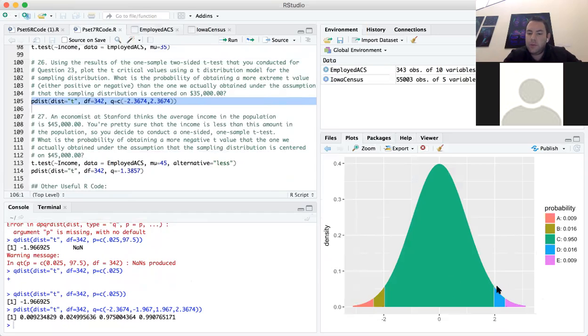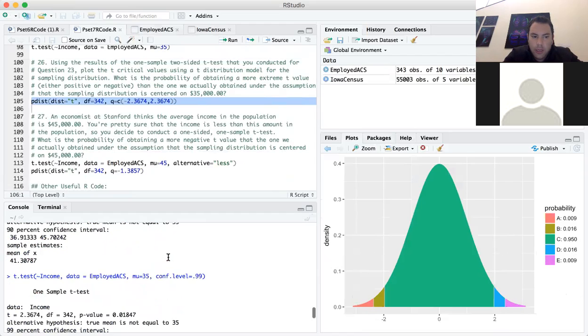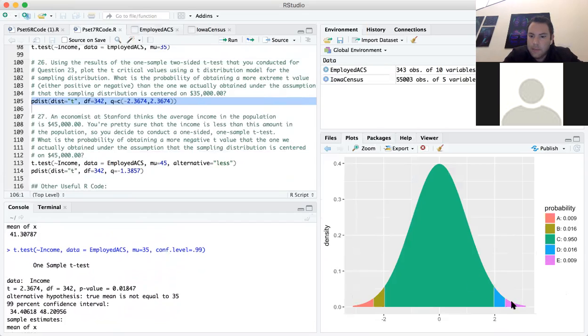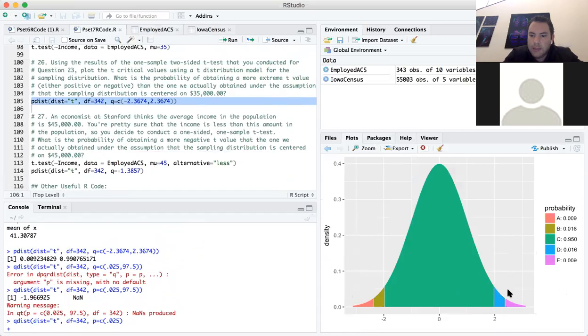And we can see that here visually because this test statistic of 2.367, which will be here, is greater than the critical value of 1.967, which means that correspondingly, the p-value of 0.009 will be less than the alpha of 2.5%.